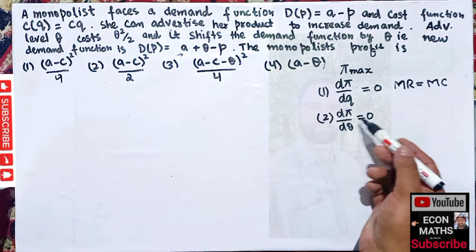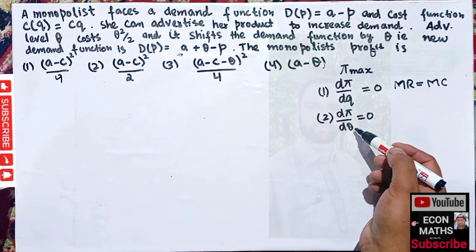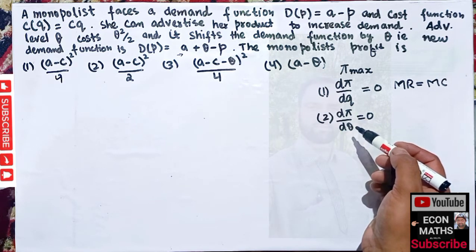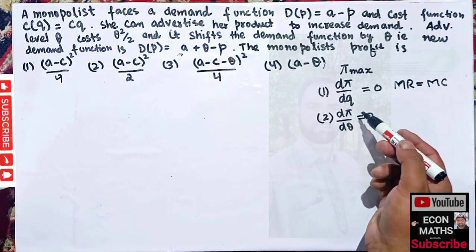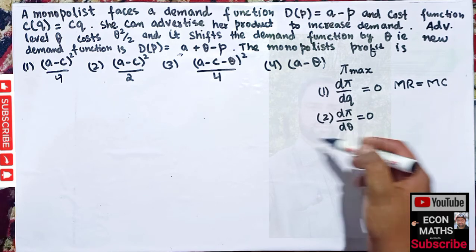And what does this d pi by d theta mean? It simply means how much our profit changes with change in the value of theta, which is the shift in the demand.